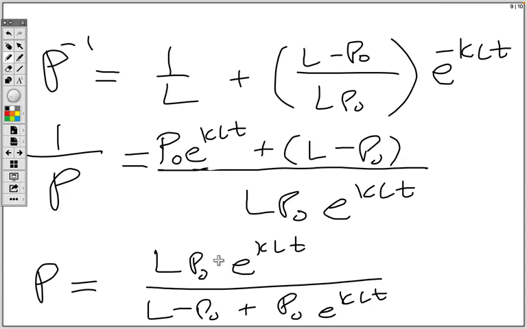I'm trying to get this to look like what we had before with our C. I think our C last time, if we divide top and bottom by P naught, this is what we would get.